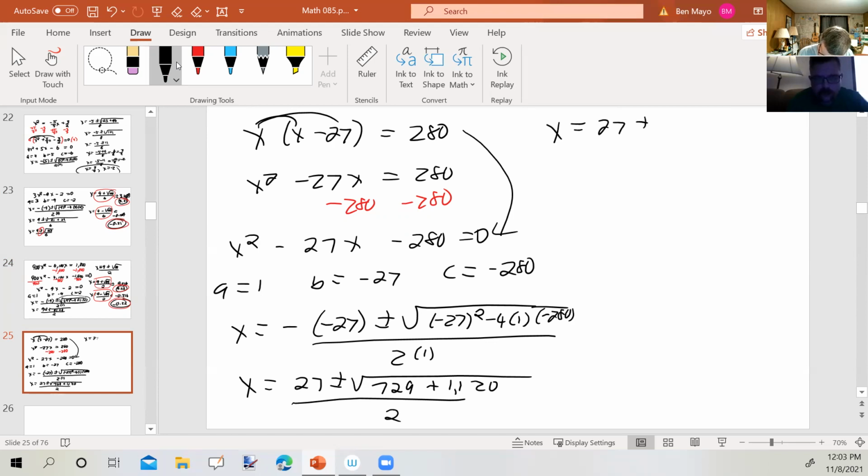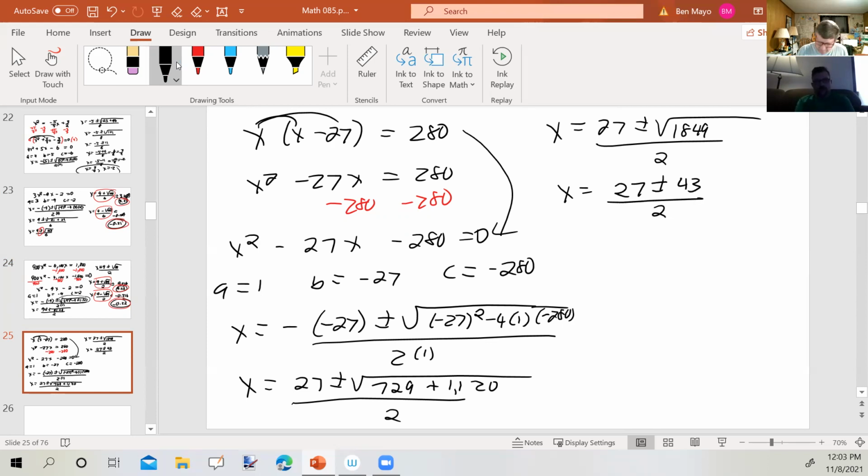X is 27 plus or minus the square root of, let's see, 1120 plus 729, 1849, all over 2. Let's see if 1849 is a perfect square. It is. It's 43. Nice.